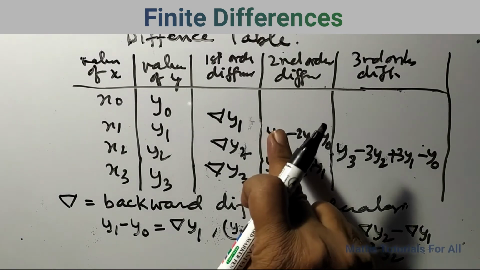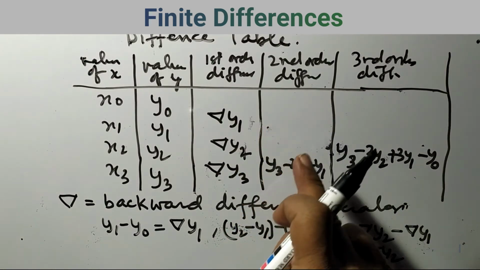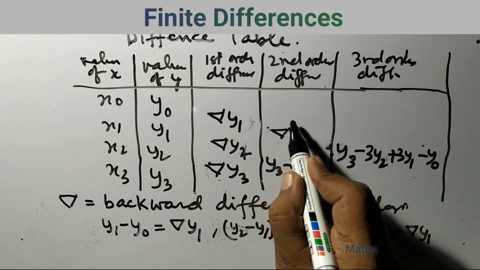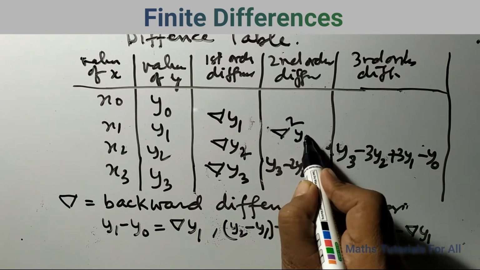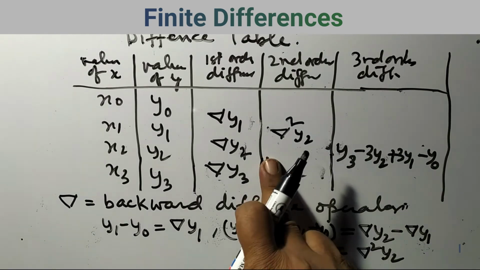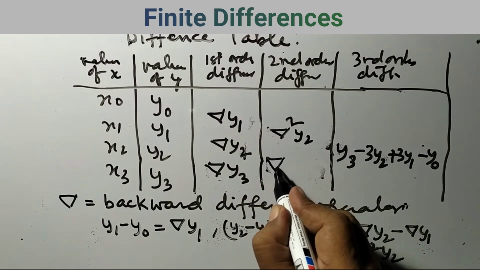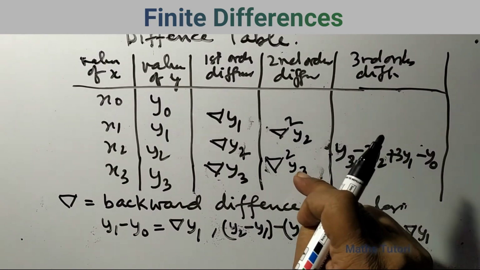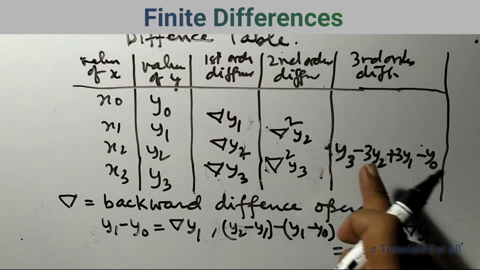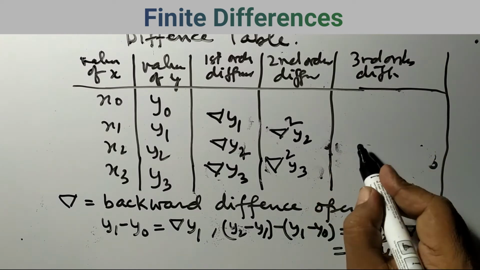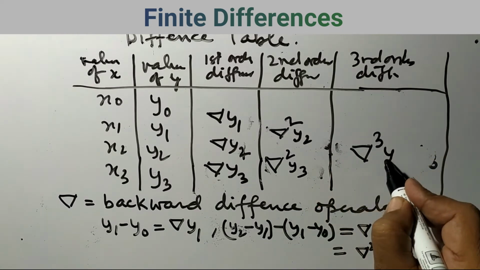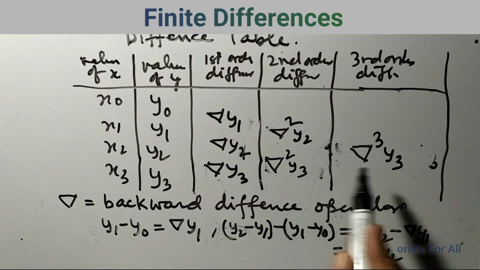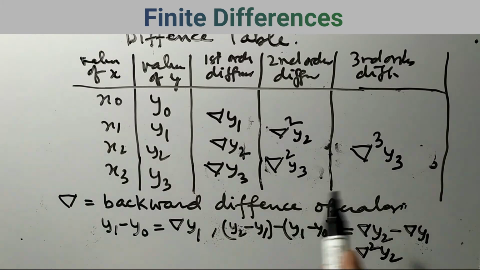Similarly, y2 minus 2y1 plus y0, here we write del square y2, and in this place write del square y3, and this is back of y3, back is y2, so here the third order difference is del cube y3. Its leading term is y3, which controls the whole table.